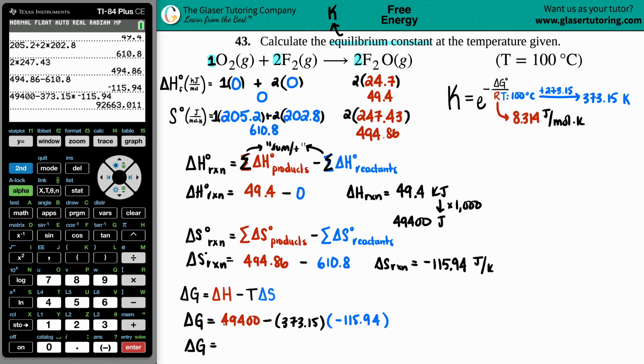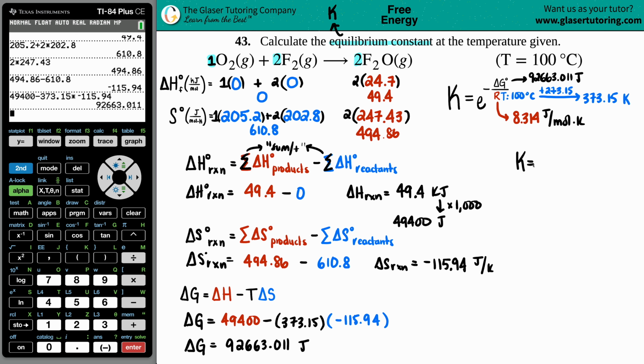And we have a delta G now of 92,663.011, and that's in joules now. That's the number that goes in here. We finally figured it out. 92,663.011 joules. Let's now plug it in.